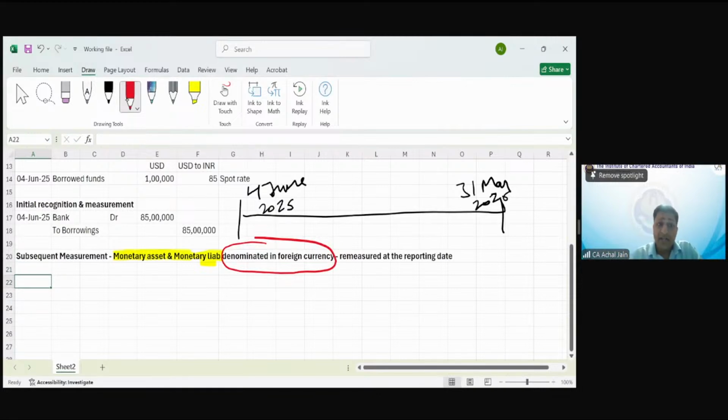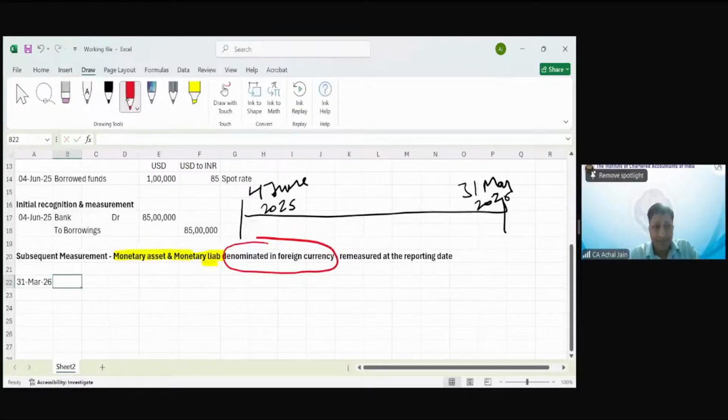So let's understand as to how do you do this. So 31st March 26. Now, we understand we have to remeasure this. Now, what is required to be remeasured? Borrowings, correct? Because you have a payable that is outstanding, right?